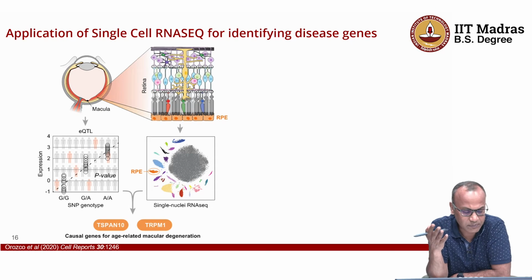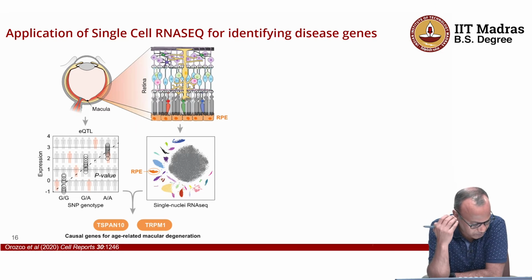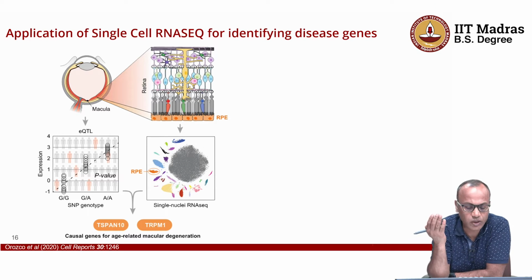So for example, one of the papers that came out in 2020, what they did was they wanted to understand what are the genes that are involved in macular degeneration, which is a disease of the eye in which the person ultimately becomes blind and it affects the retina specifically.